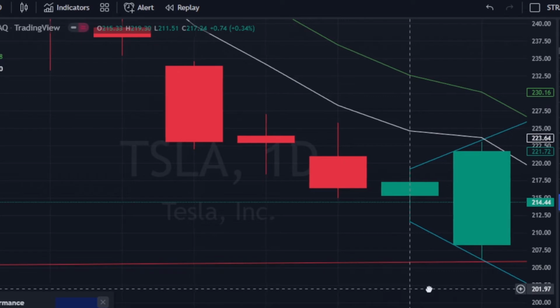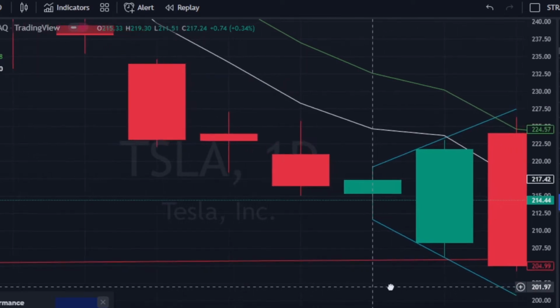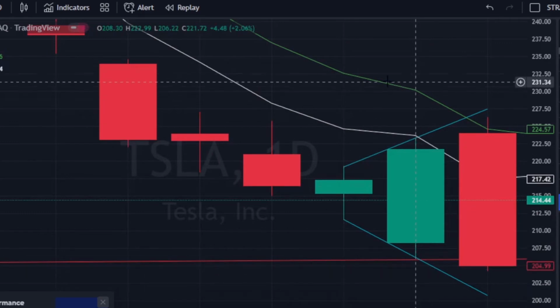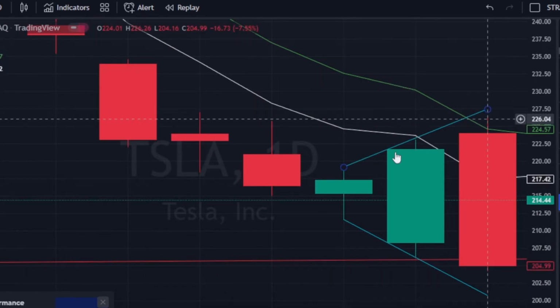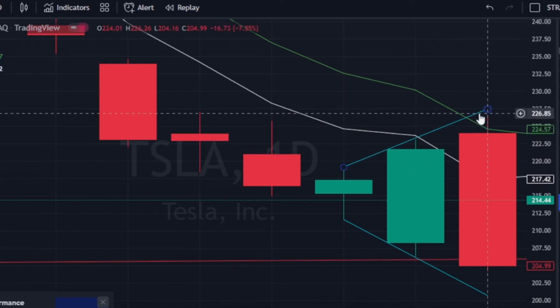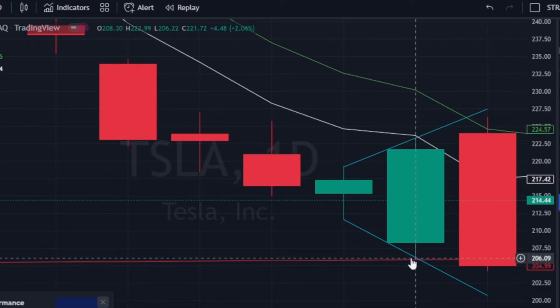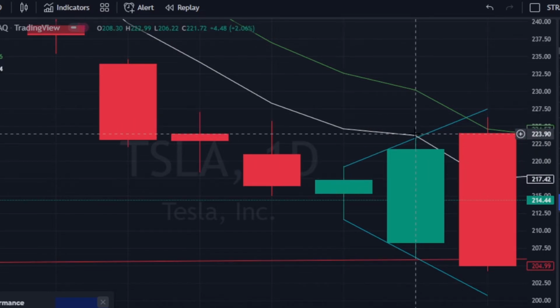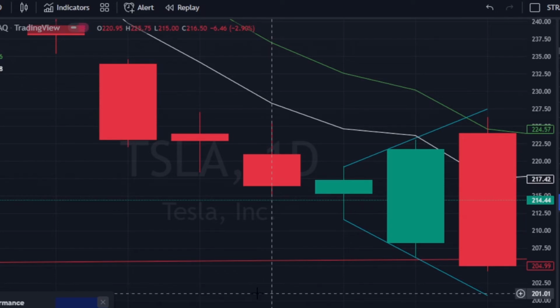So let's see how this played out. Okay, you see the wick on the top of that candle? It almost reached the trend line that we drew. You see that? So by forming these broadening trend lines, we have an idea of what the stock could possibly do.